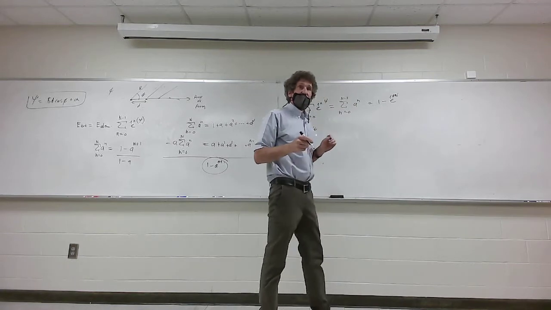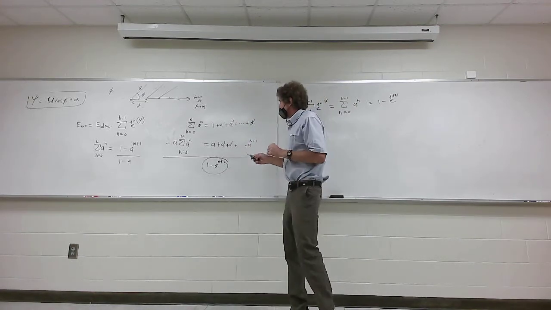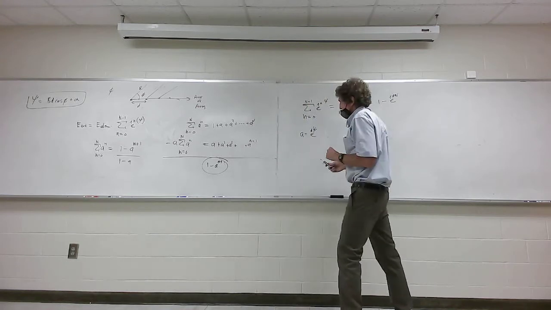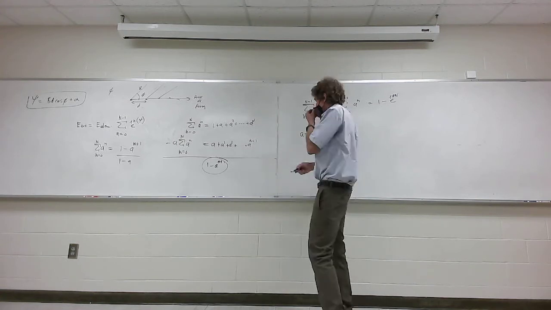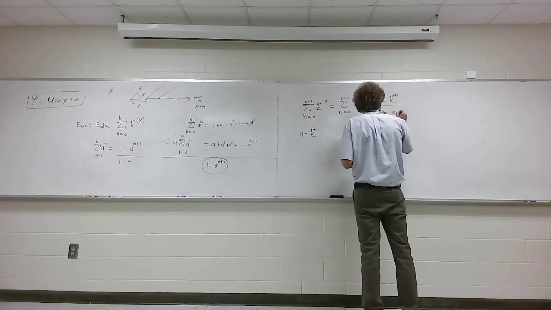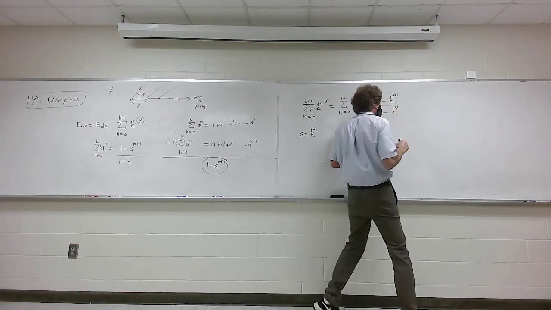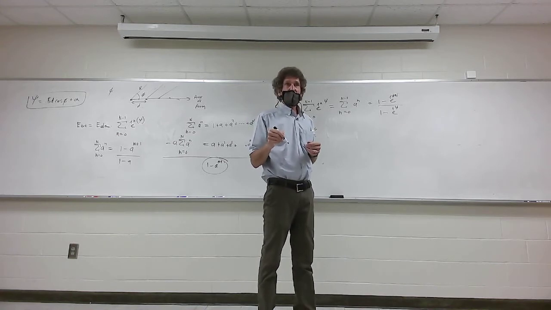Y'all follow me on that? The summation ended up at n minus 1. We know the series math says that you go to n plus 1, where n is the end of the series, and then you divide it by simply 1 minus e to the j psi. Y'all with me? So that's that whole series. Doesn't matter how many elements.